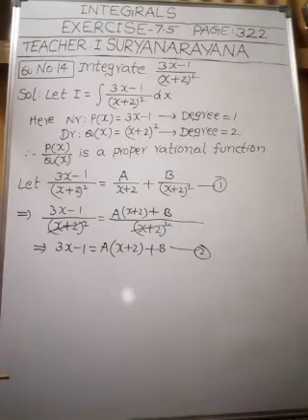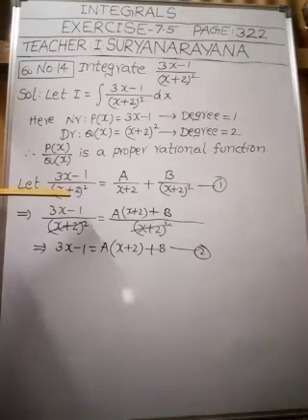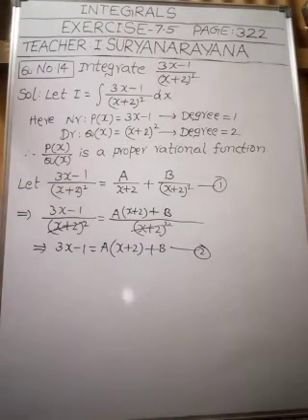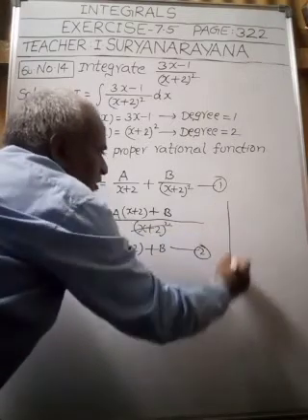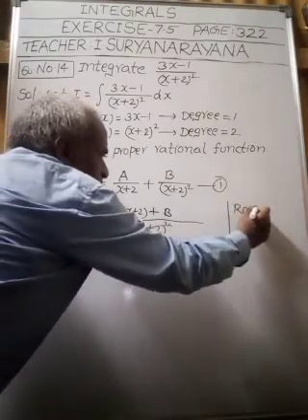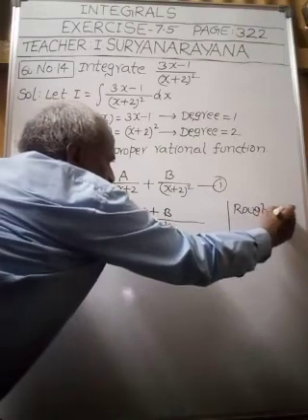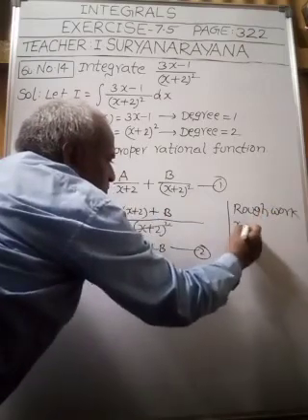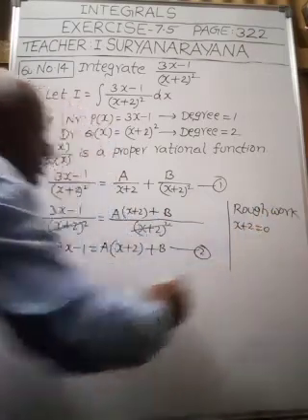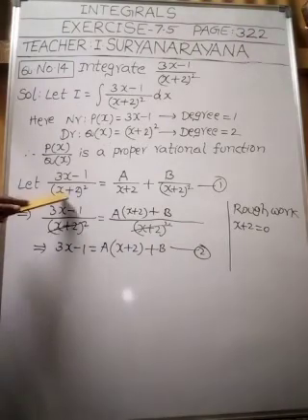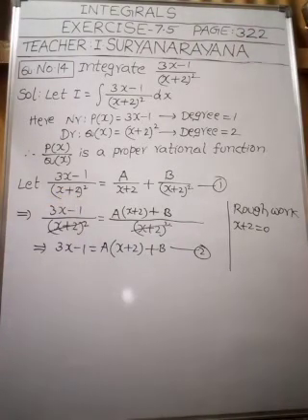Okay, my children. So again come to the rational function and the denominator. What is the linear factor here? x plus 2. But it is a repeated linear factor. So first we do some rough work. In rough work, x plus 2 is equal to 0, because here x plus 2 is a linear factor.